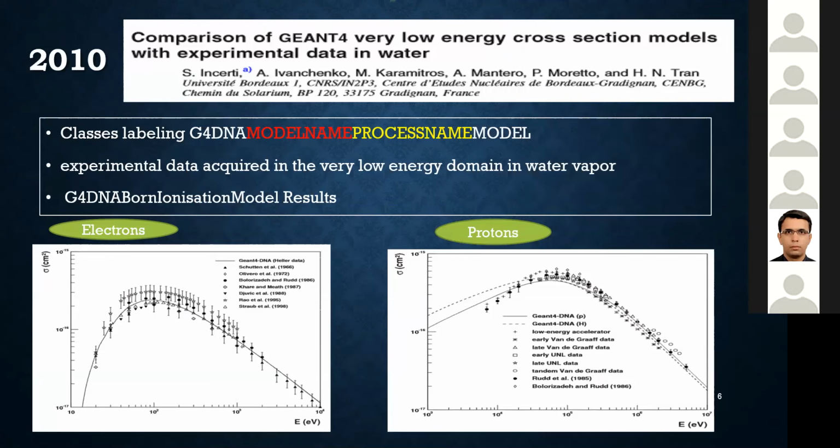If you want to check an example of Geant4-DNA, the classes there are labeled in this way: first Geant4-DNA, then the model name, then the process name, and at the end model. For example, in the third line we can see Geant4-DNA Born ionization model. It means we are simulating the process of ionization with the Born model. So when you are reading the code, if you see this, you will now understand it.